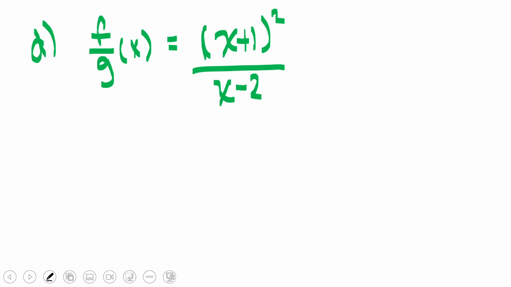We would end up not being able to simplify it very well, because it would be x plus 1 times x plus 1 on top, and we couldn't cross cancel anything. So all we can say here is x cannot be equal to 2, because that would be 2 minus 2, which is a 0 in the denominator. So we address that we can't have a 0 in the denominator.